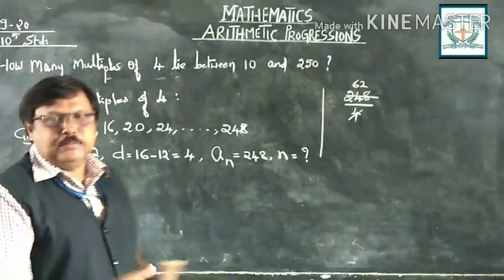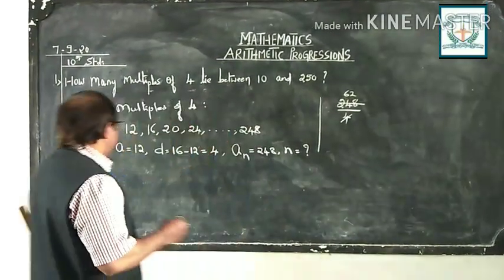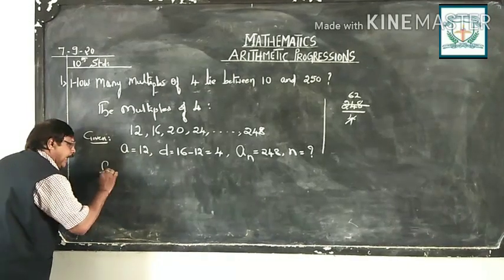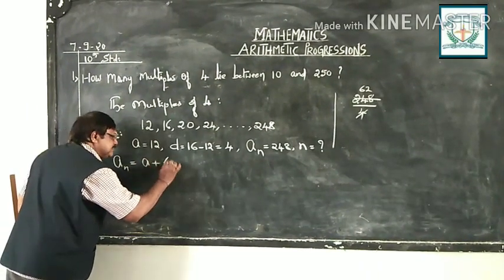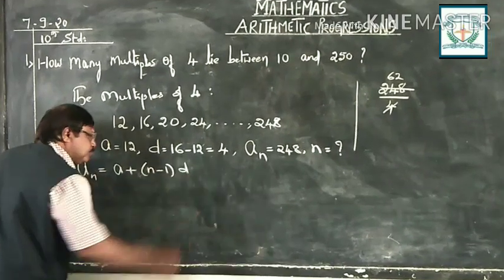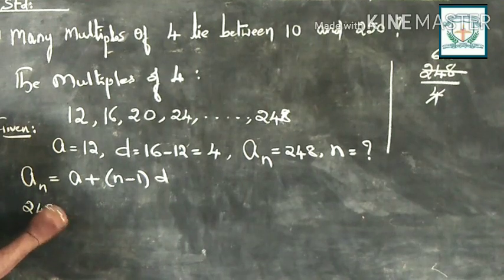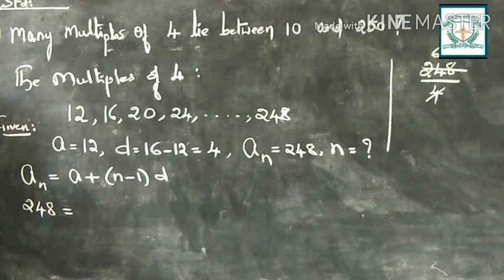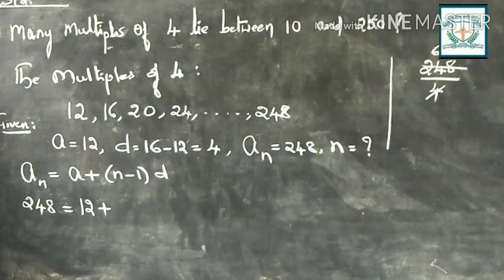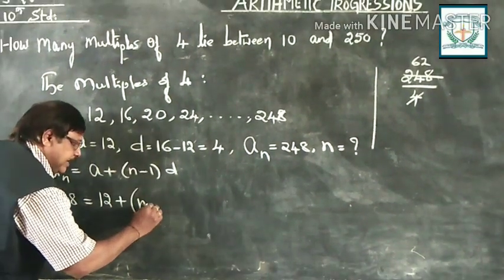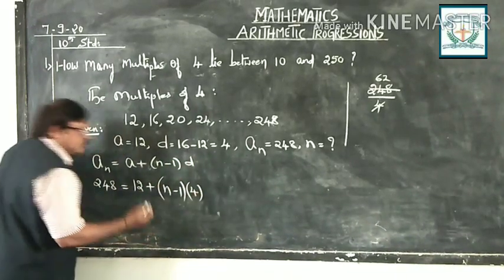Use this formula. In my last class I have given the nth term formula, an is equal to a plus n minus 1 into d. The last number is 248. The first term is 12. How many terms? n. And the difference is 4.